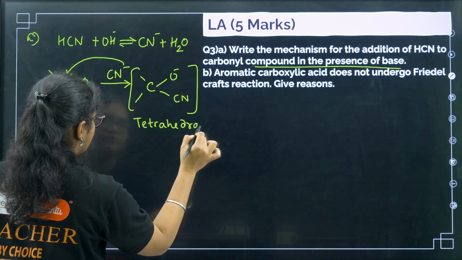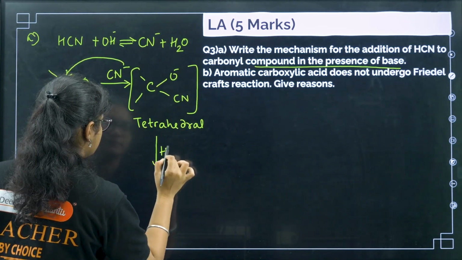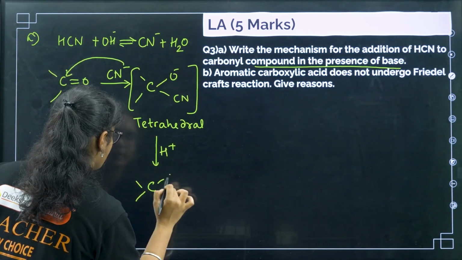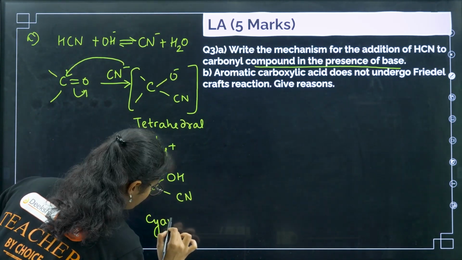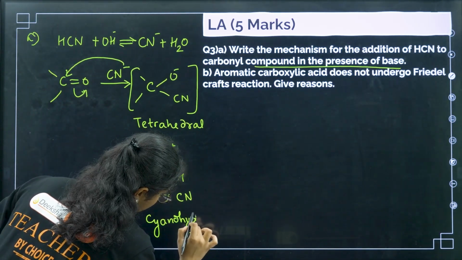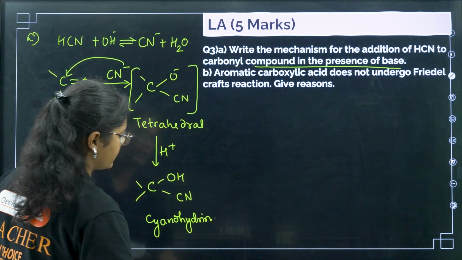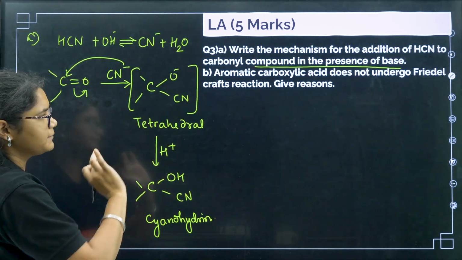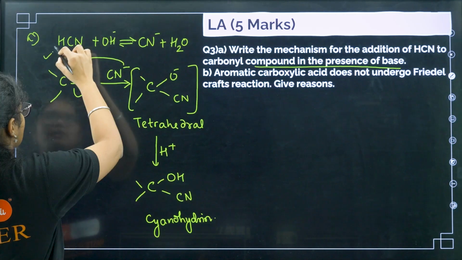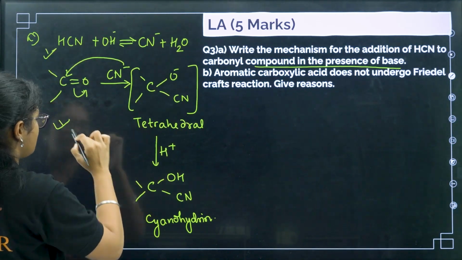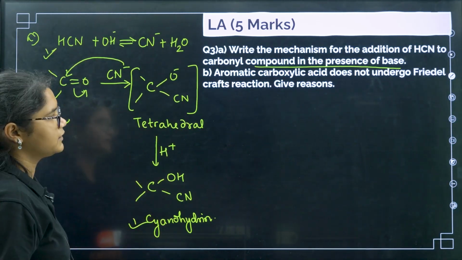After that just provide H plus to get OH and CN. What is the name of this compound? Cyanohydrin. Okay, so this is the mechanism done. Next, you can see here this will be 1 mark, writing this one will be 1 mark, and writing this product will be 1 mark, 3 marks we got.